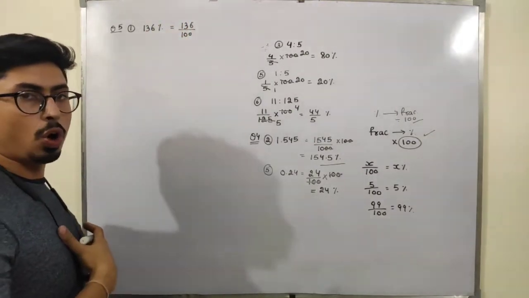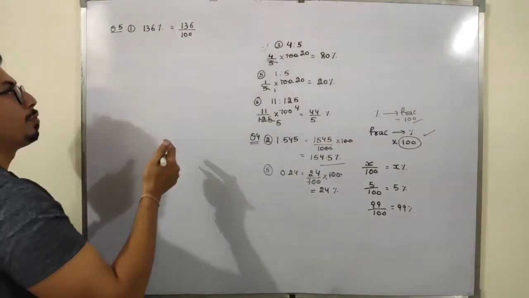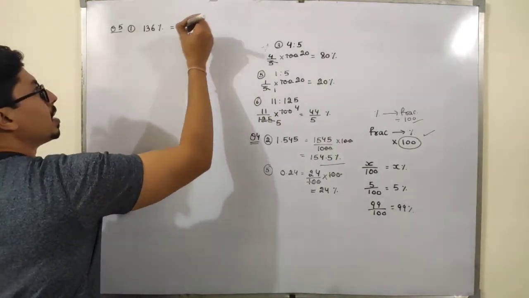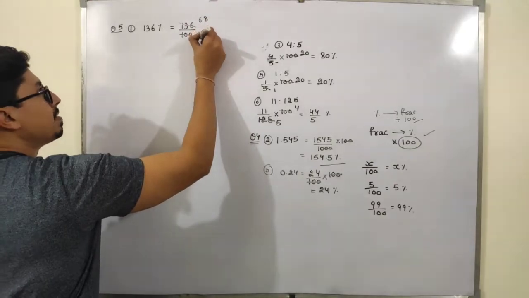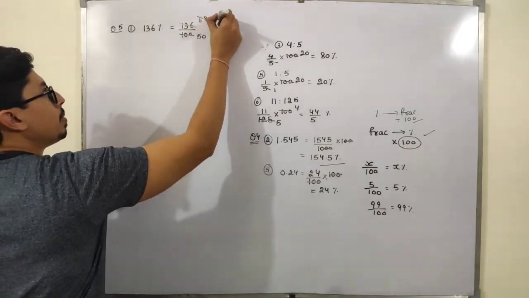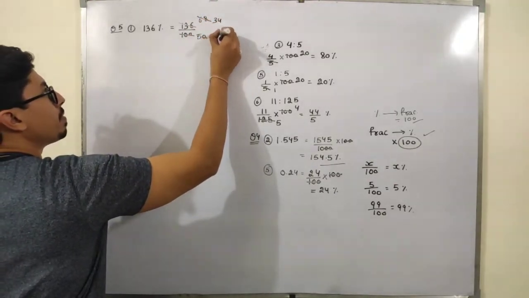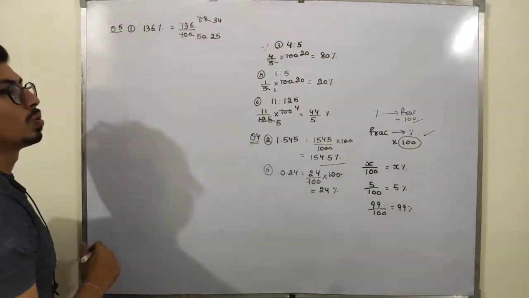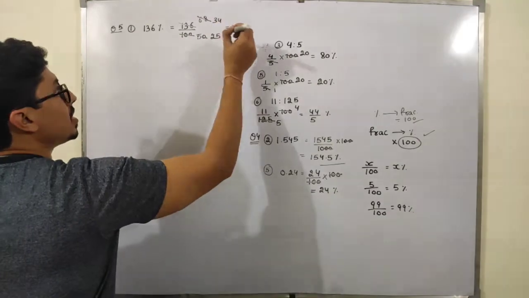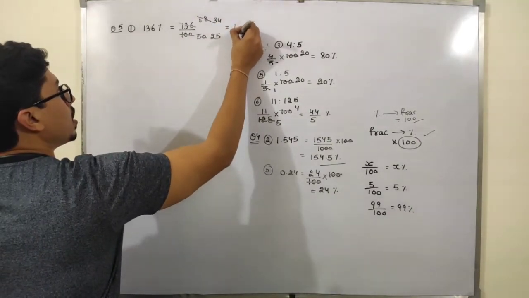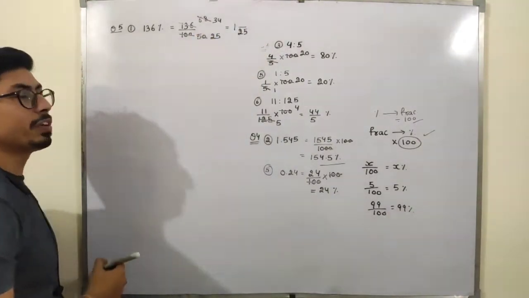I want the whole number or the mixed fraction, so I have to cancel it out. So 2 sixes are 12, 2 eights are 16, 2 fives are 10. It will be 34 upon 25. Now I can write it like this: 1, because 25 into 1 is 25.